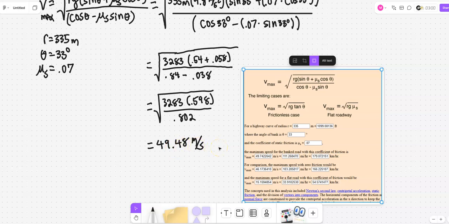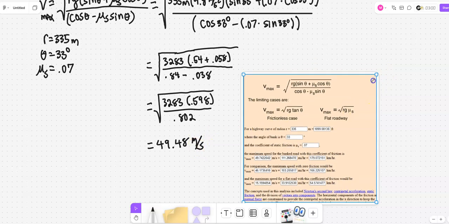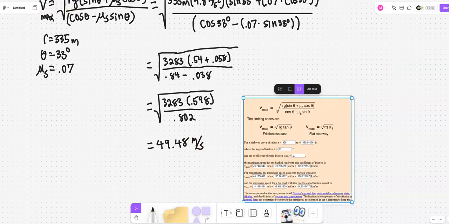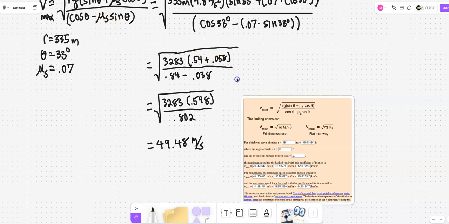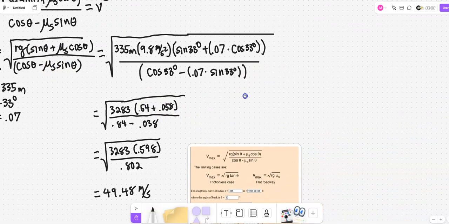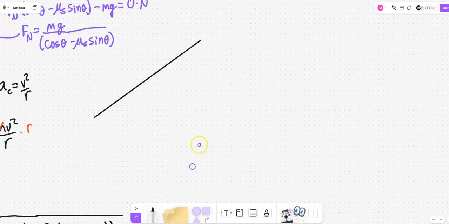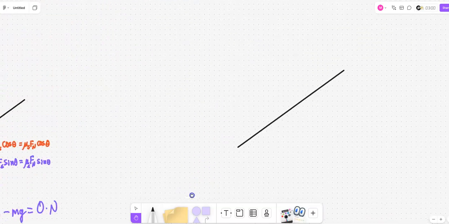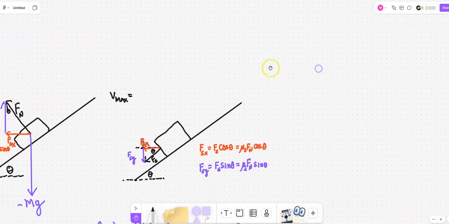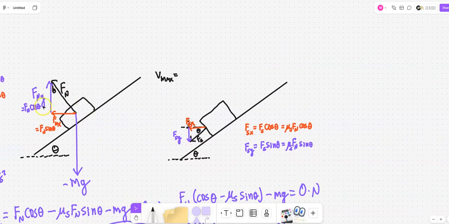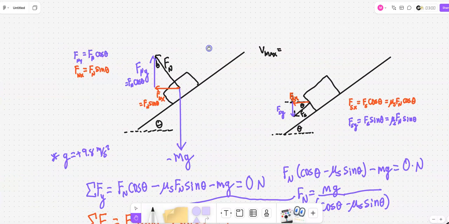Okay, fair enough. All right, so let us take a look at the unique situation of minimum velocity. Now it's really similar to what we did over here. So let me steal the diagram that I used for the normal force.